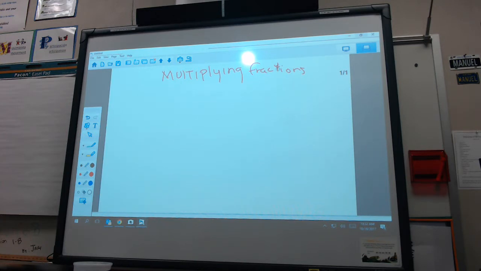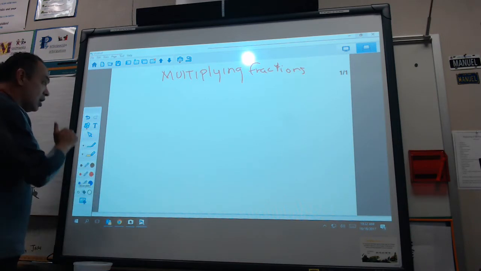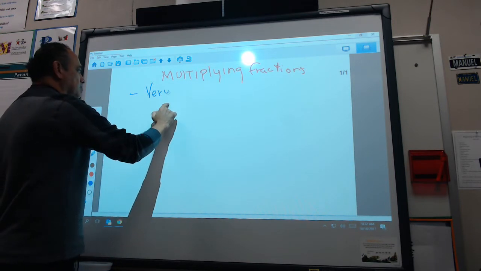Okay, well, for some people, adding is very easy. Multiplying is kind of hard because they're still dealing with their math facts that they should have learned in second grade. But today we're going to concentrate on multiplying fractions.